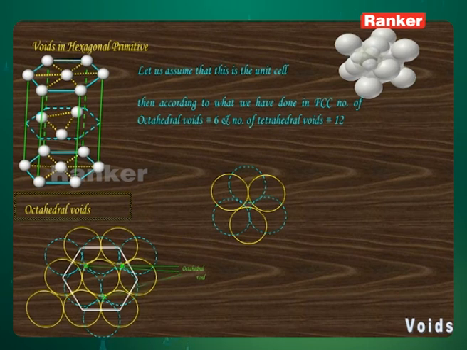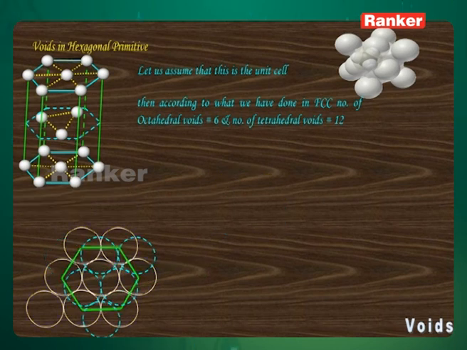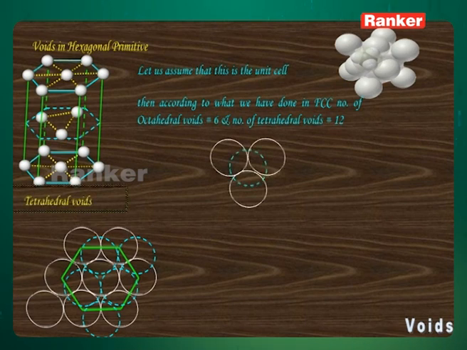From this, the number of octahedral voids in FCC we told is equal to the rank. Here also the number of octahedral voids is equal to the rank. Exactly that center one is the octahedral void. The tetrahedral void is again the same thing, and the number of tetrahedral voids is again equal to 2 into the rank. So overall in HCP, the number of octahedral voids is equal to the rank, that is 6, and the number of tetrahedral voids is 12.